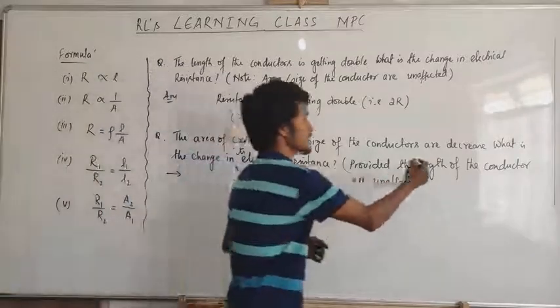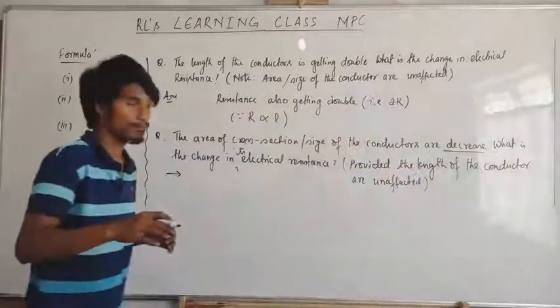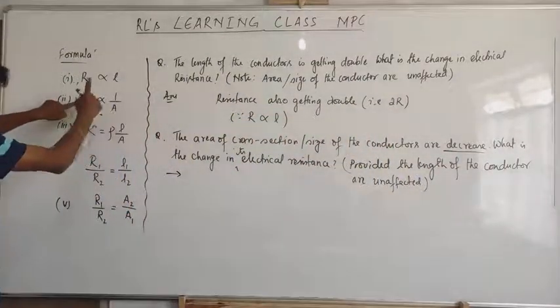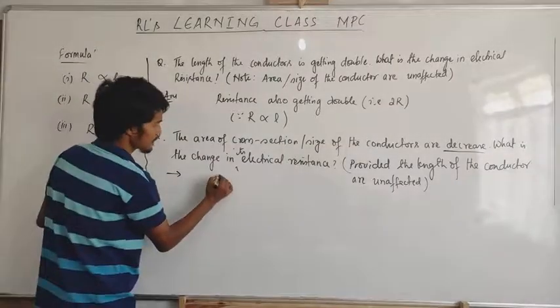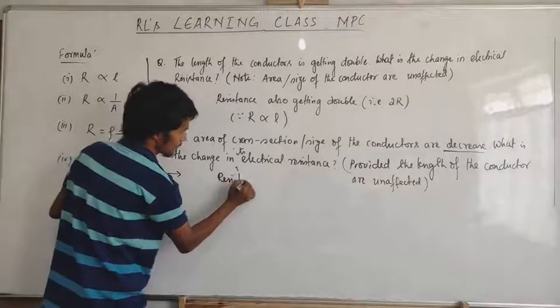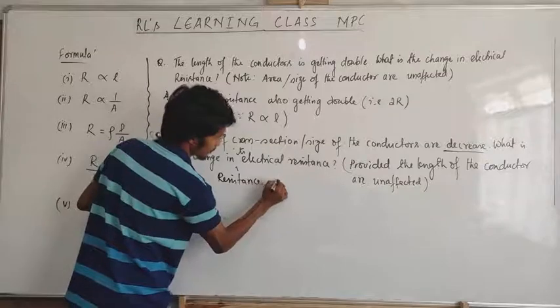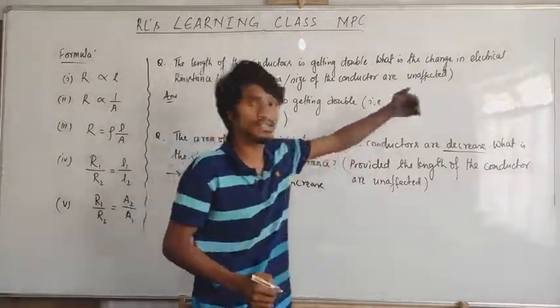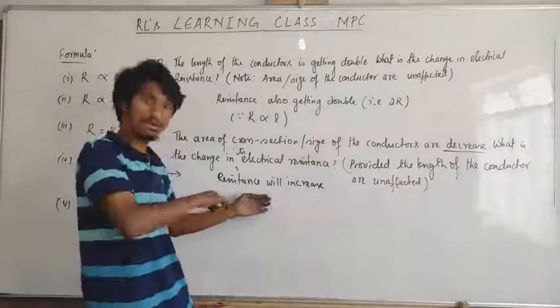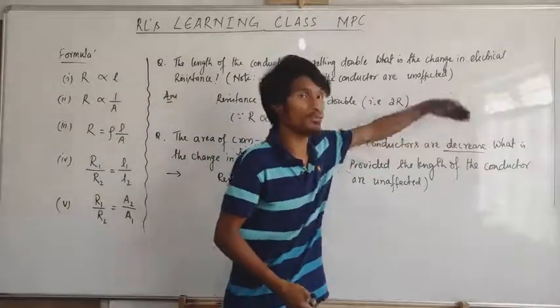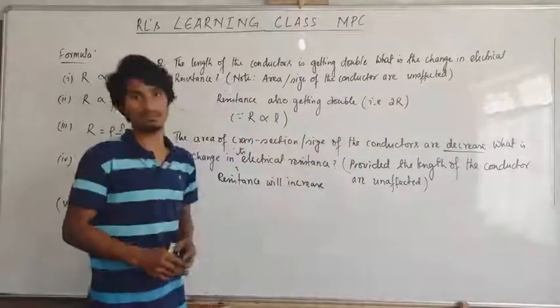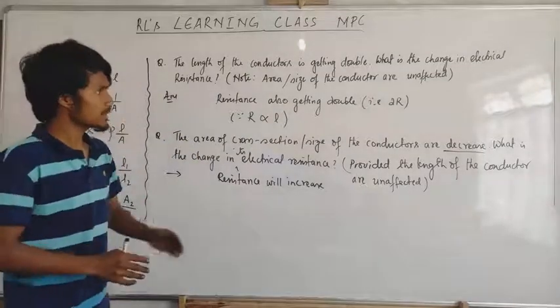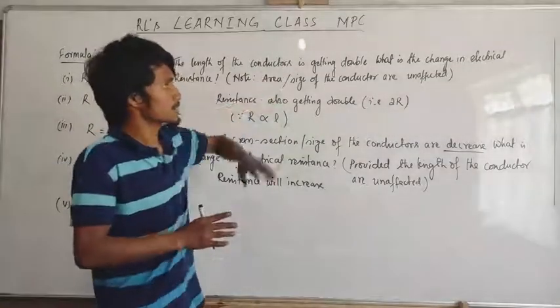If this is decreased, then this will increase. Then electrical resistance will increase. If they said decrease 2 times, then increase 2 times. If they said increase 4 times, decrease 4 times.